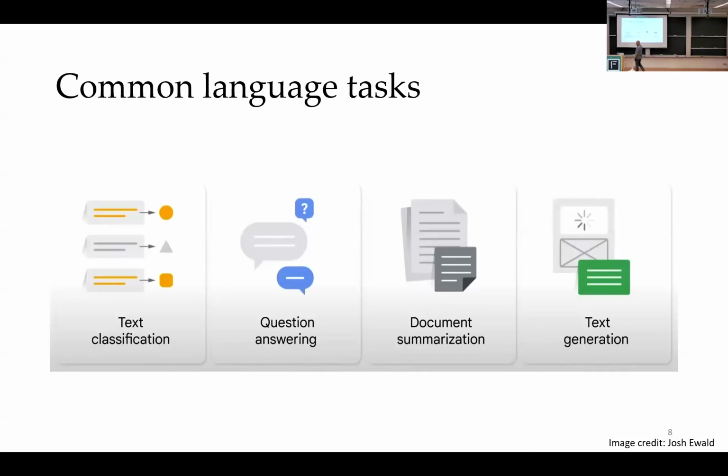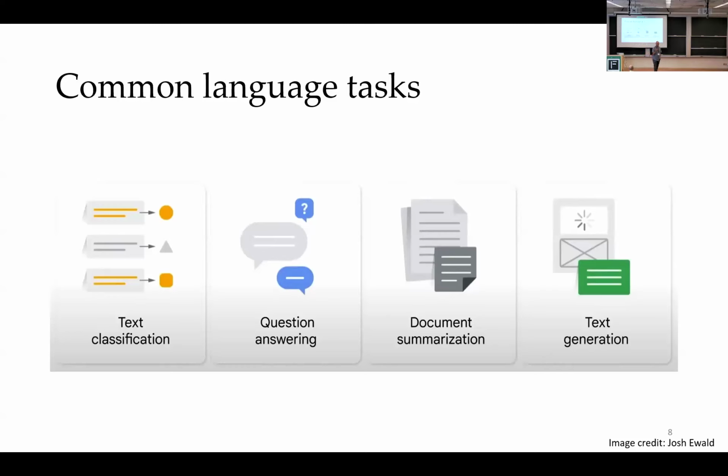All right, so these are four main language tasks. Text classification is where we have text as data. For example, comments on social media. Let's say we have a data set of comments, and we want to classify them into different groups. So maybe positive comments and negative comments, so comments that have positive sentiment and negative sentiment.